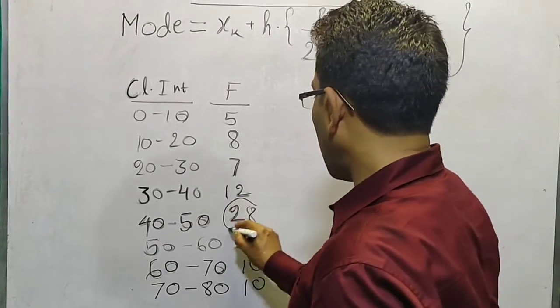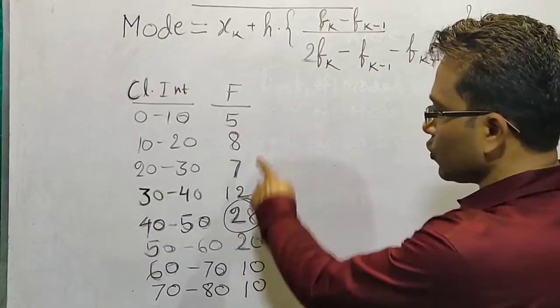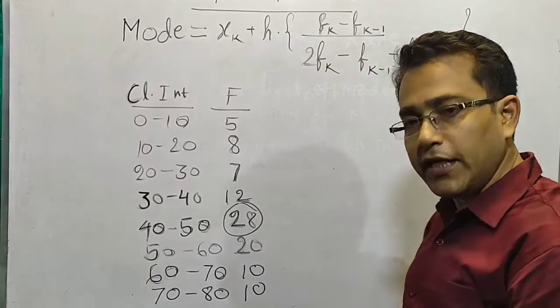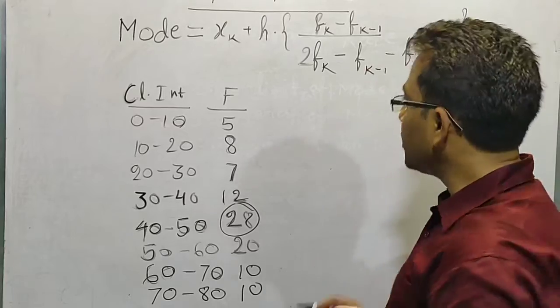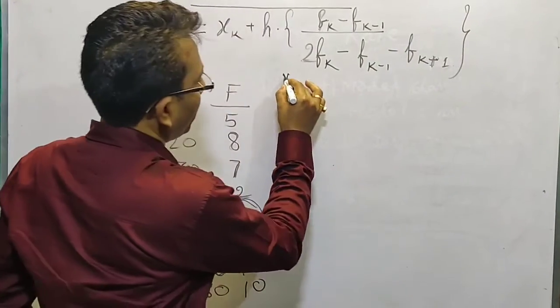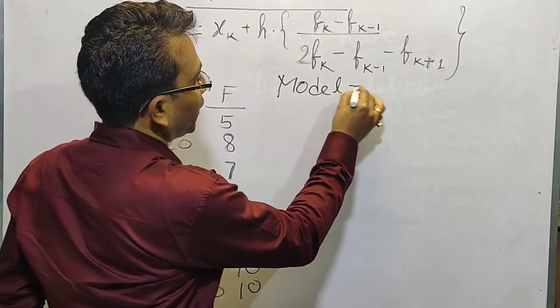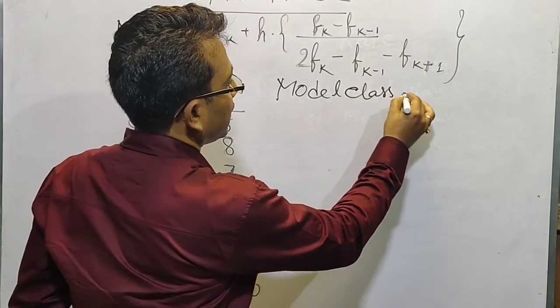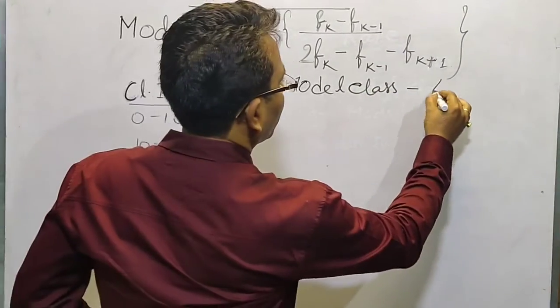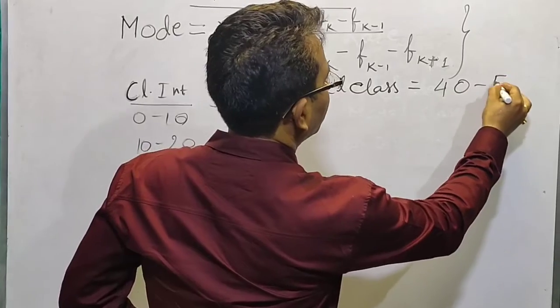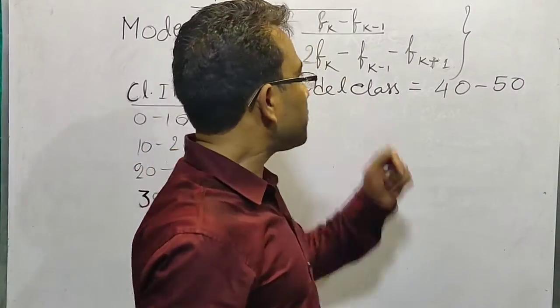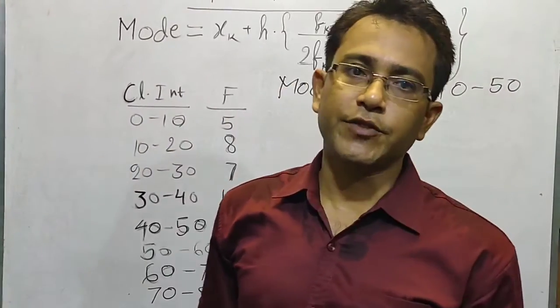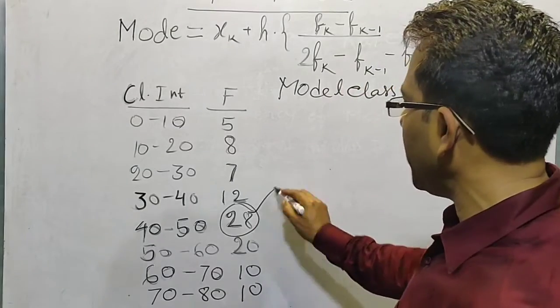Here this is the modal class, because this class contains the highest frequency. So modal class equal to 40 to 50. This modal class contains the highest frequency, that is 28.